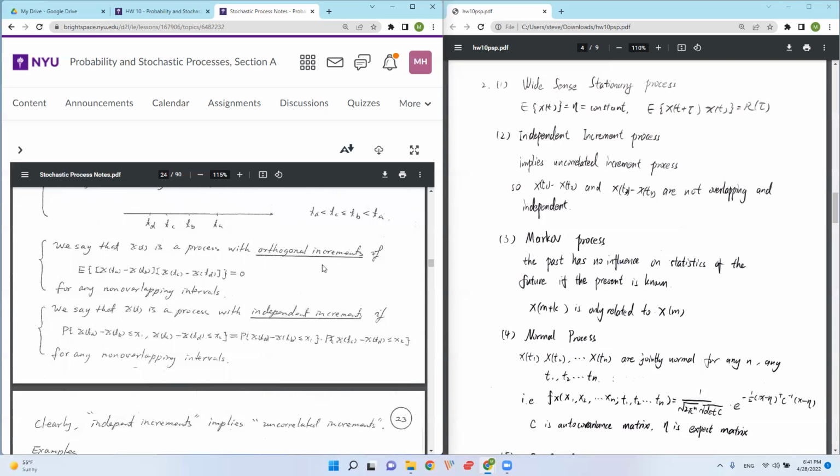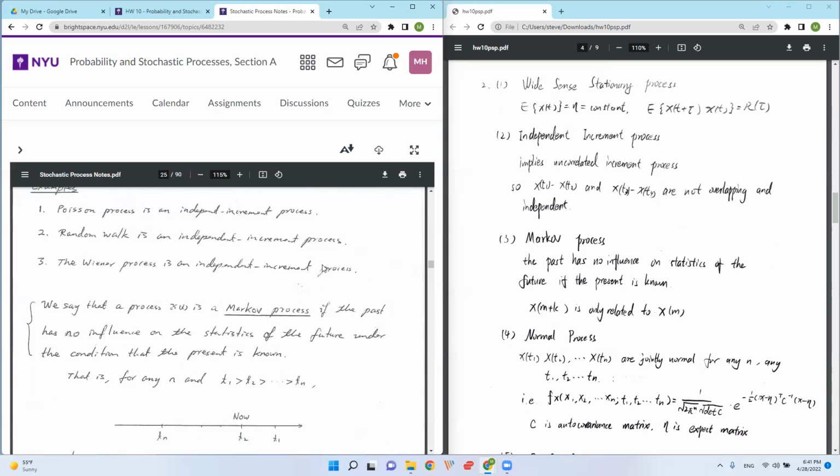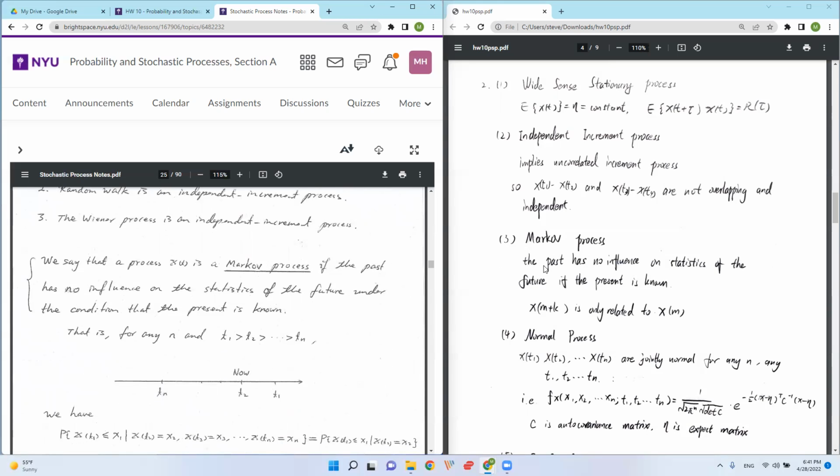And for the third one, the Markov process. A Markov process is one where the past has no influence on the statistics of the future when the present is known. So the future is only dependent on the current, or present, value.